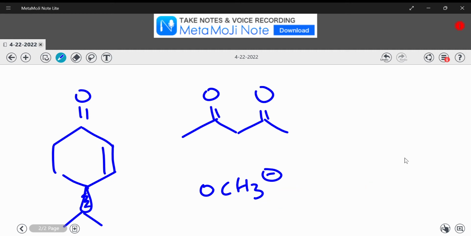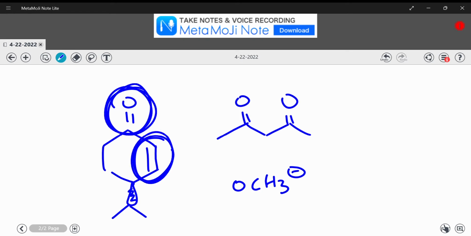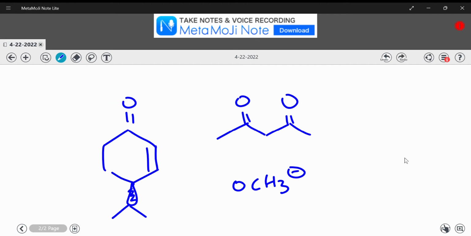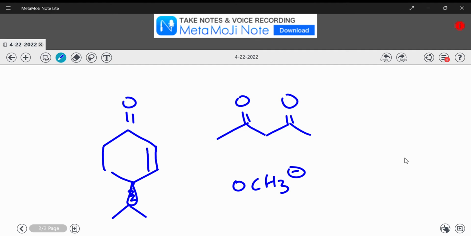Alright, so what 1,4 addition means is that you've got an alkene here, and then you've got a ketone, or a double bond O, right over here. And basically, it means that this is going to add onto the 4 position right over here, which is 4 relative to this 1. So if we were to count our carbons, it's 1, 2, wait, my bad.